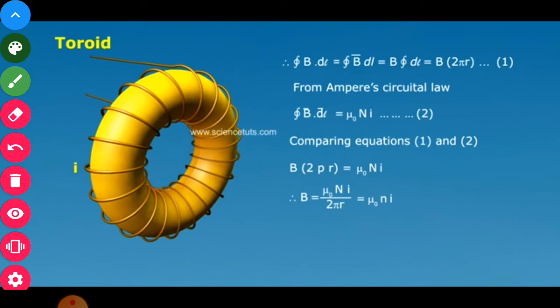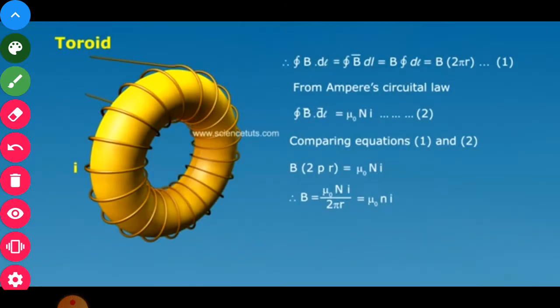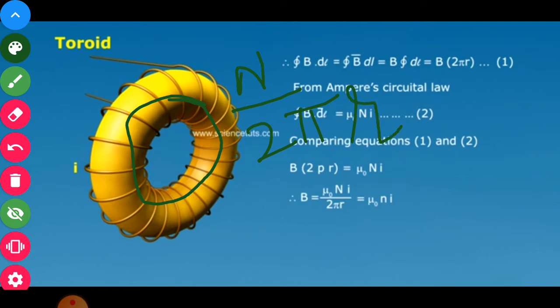So B is equal to mu 0 capital N I upon 2 pi r, and this total number of turns, N is what? N is the total number of turns divided by the length of this loop. Length of the loop is 2 pi into r, so it becomes the number of turns per unit length, which is denoted by small n.